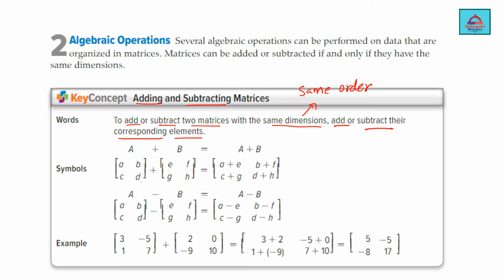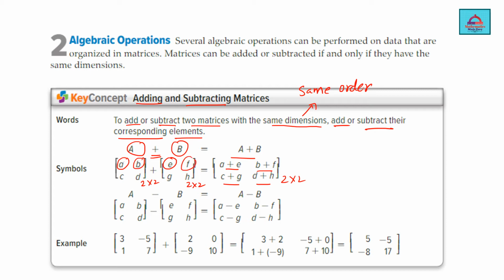So for example, if I have this 2 cross 2 matrix A and B and I want to add them both, then the result will also be a 2 cross 2 order matrix having 4 elements 1, 2, 3, 4, and to get its element you're adding the corresponding. So if I take the first element in the first row first column, I add it with the first row first column element of the second matrix.